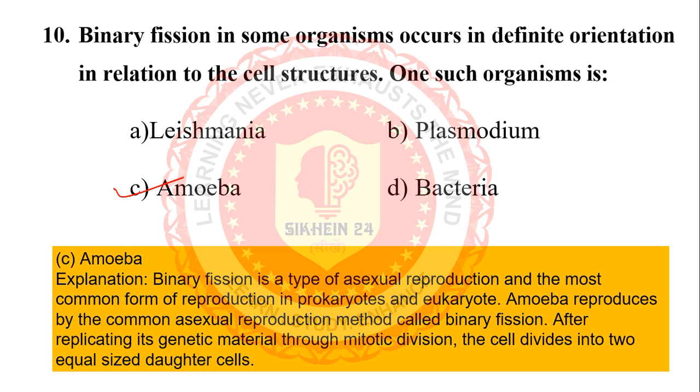After replicating its genetic material through mitotic division, the cell divides into two equal sized daughter cells, right? So amoeba is the appropriate answer to this question, and in amoeba, binary fission takes place.